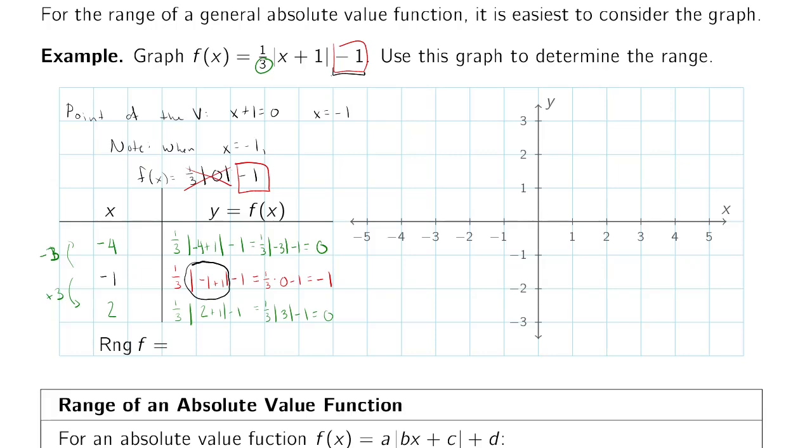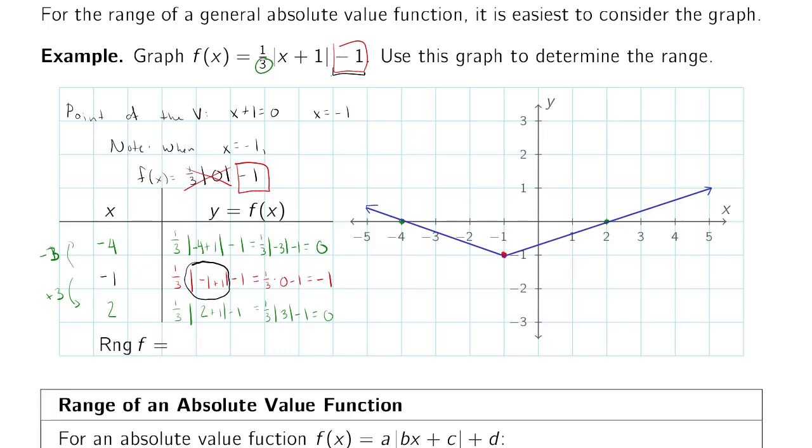And let's see how that works out on the graph. We have negative 1 as the point of our V. And then we have -4, 0, and +2, 0. And so our graph will look something like this. In this case, the V shape opens upward.